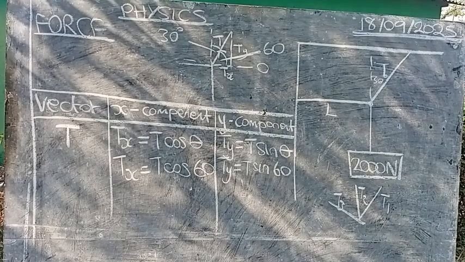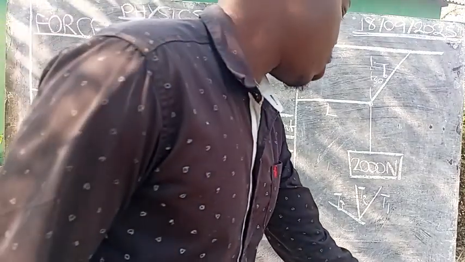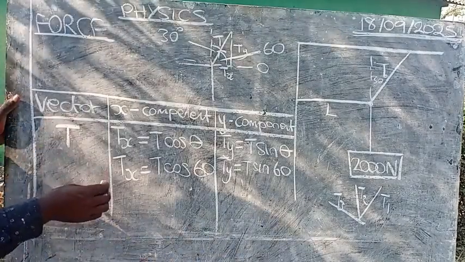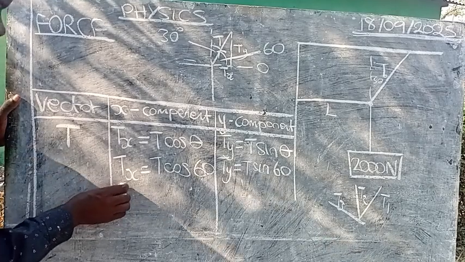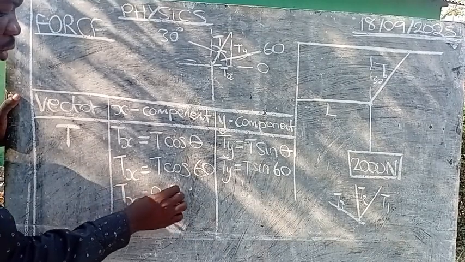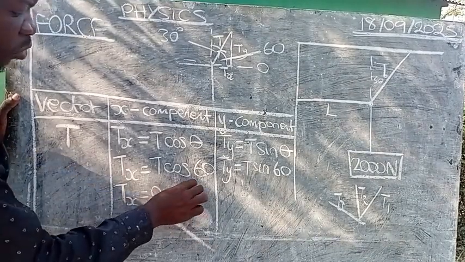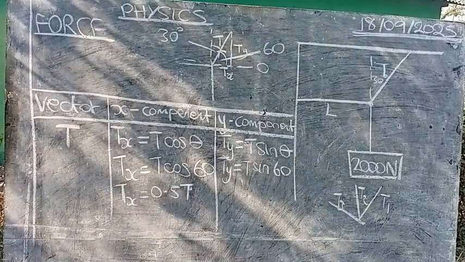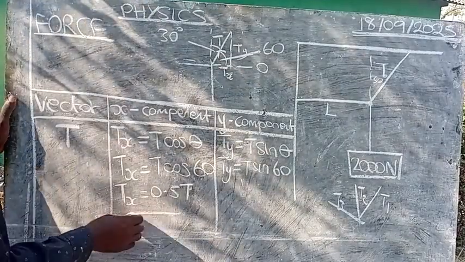What is cos 60 and sine 60? Let's start with cos. What are we getting? 0.5. So Tx will be equal to 0.5 times T, which is 0.5T. What of sine 60? 0.87.